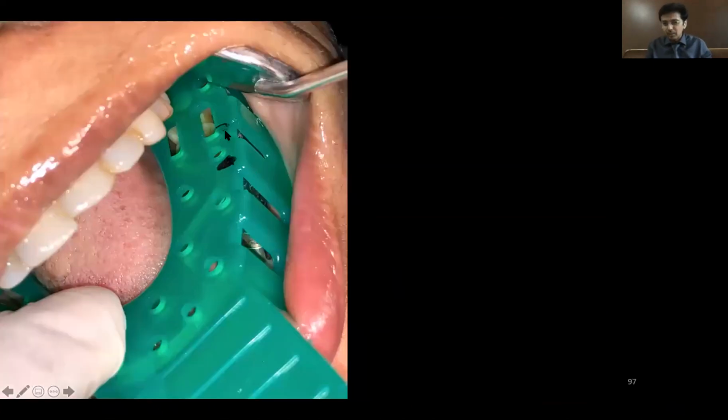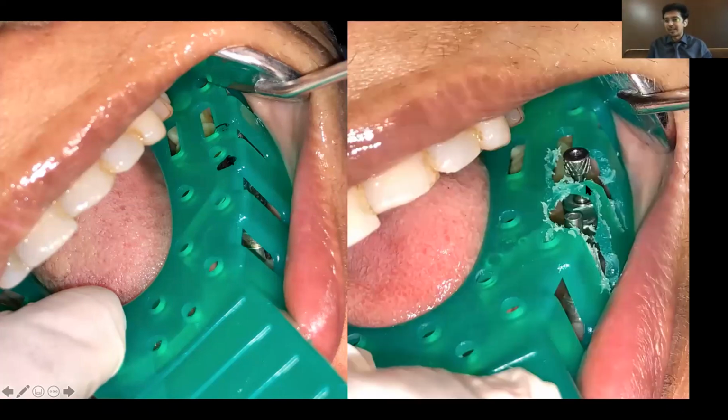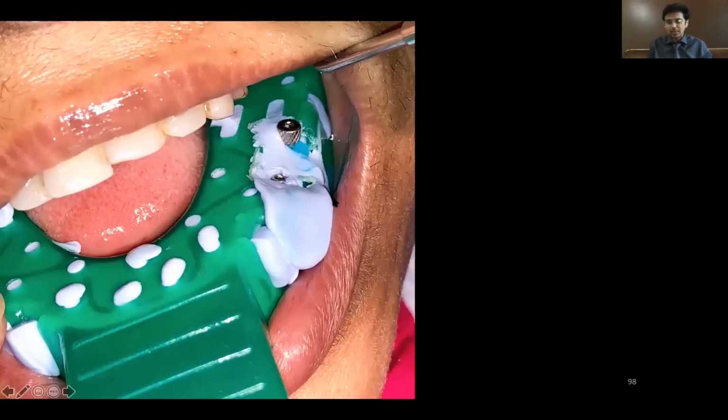In this case, we tend to use a plastic tray. We mark on that plastic tray where our transfer copings are touching, and we make holes in the tray. Are you able to see? I've just trimmed off where those markings were. Once I have taken the impression, the screw of the transfer coping is jutting out of the tray.